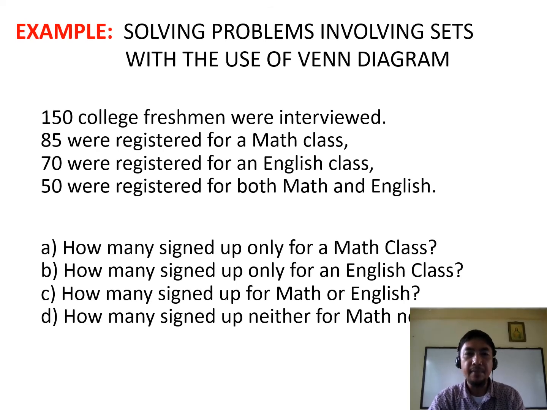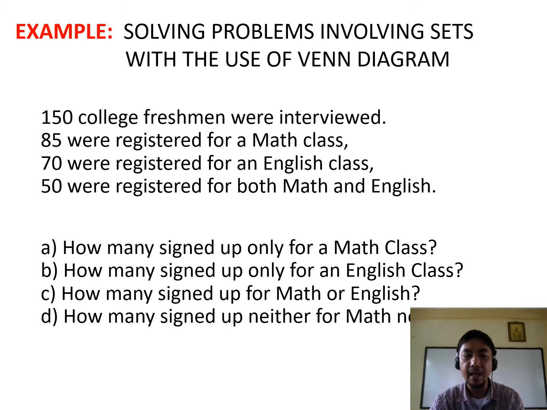Another example of solving problems involving sets with the use of a Venn diagram is this. Sabi dito, 150 college freshmen were interviewed. 85 were registered for a math class, 70 were registered for an English class, and 50 were registered for both math and English.